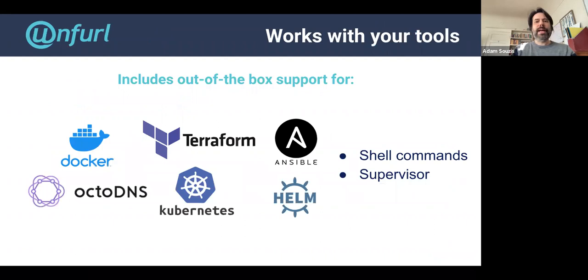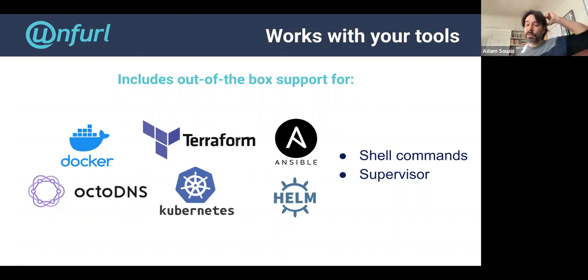To that effect, Unfurl works hard to integrate the most popular DevOps tools. So it has fairly tight integration with Terraform and Ansible. It understands Kubernetes and Docker. It can use other libraries, like OctoDNS, which supports almost all the external DNS providers out there.